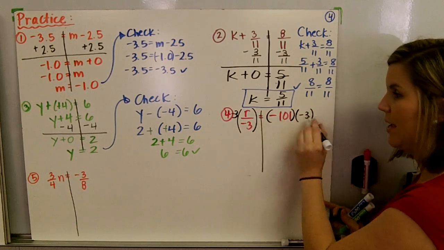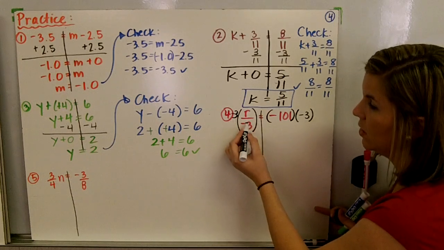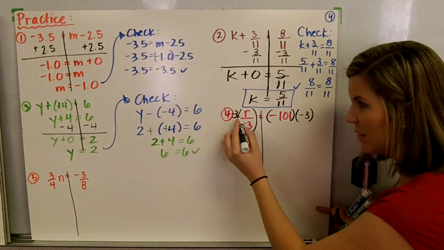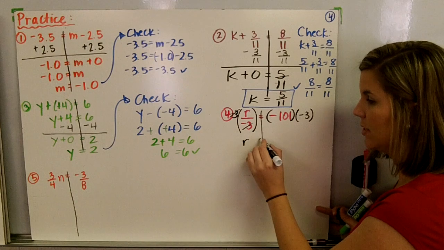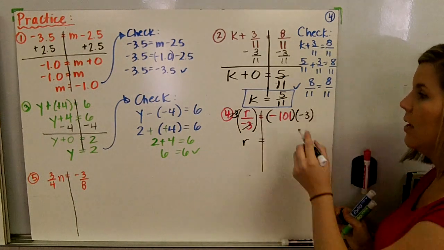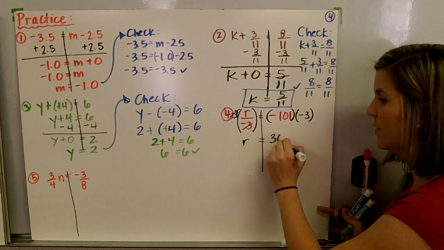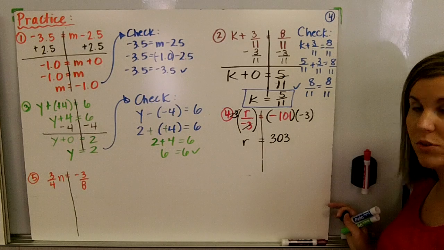So we're multiplying these two things and these things. -3 times r divided by -3 is just going to give you r. The -3's will cross simplify. -101 times -3 is positive 303. So I have r equals 303.